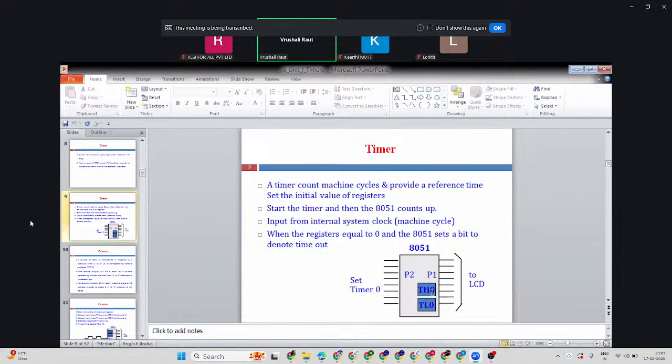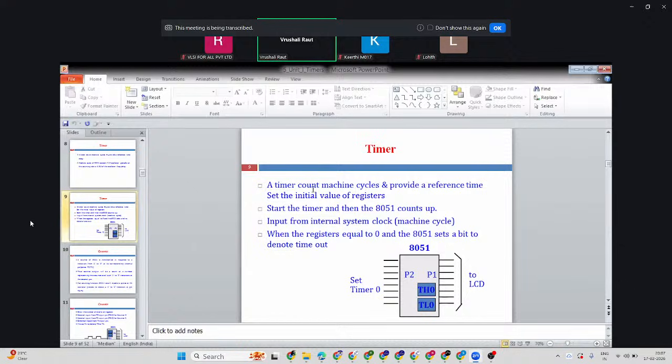In this timer 0, TH0 and TL0, the higher 8 bits and lower 8 bits of the timer, are what we are setting here. Then start the timer. Look here at how the working will happen.